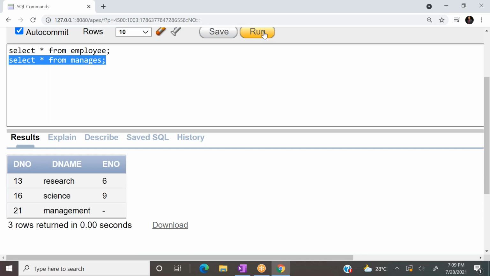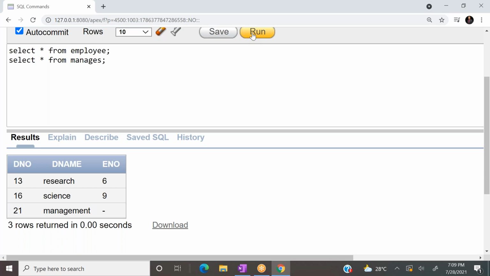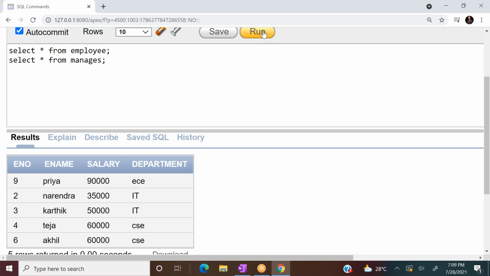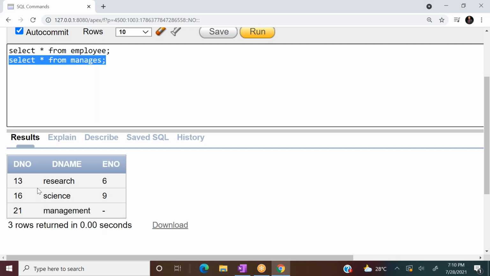Right, two tables discussed. Yesterday I discussed a query: find the name of the department managed by employee Priya. Which department is employee Priya managing? Look at Priya, employee number is 9. 9 is managing the science department.